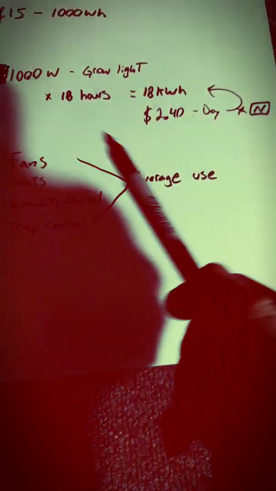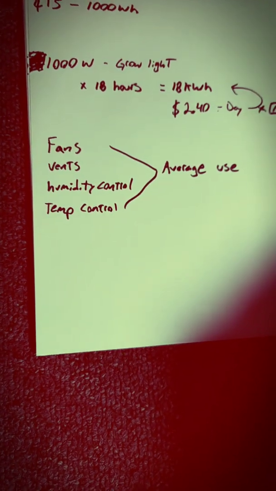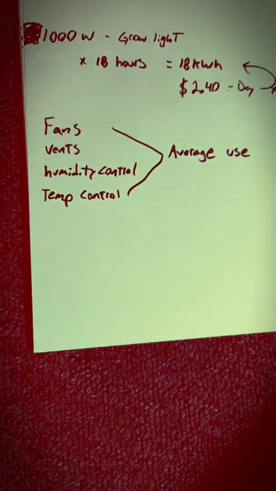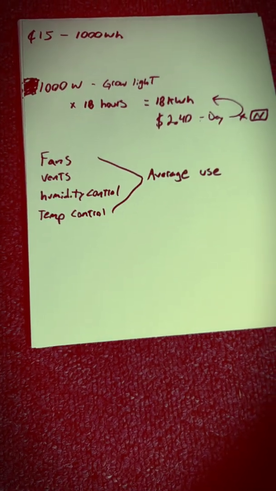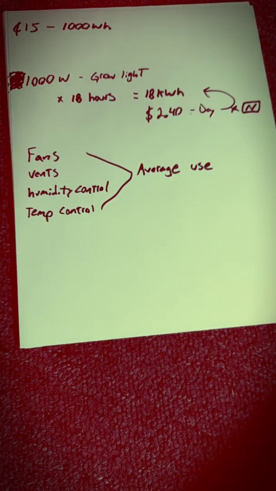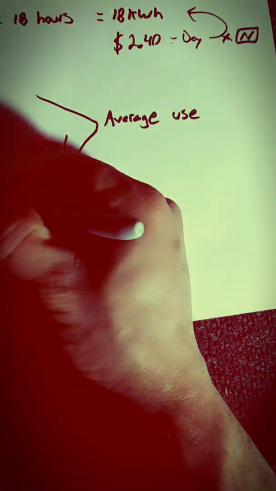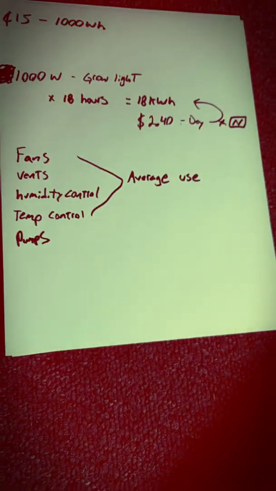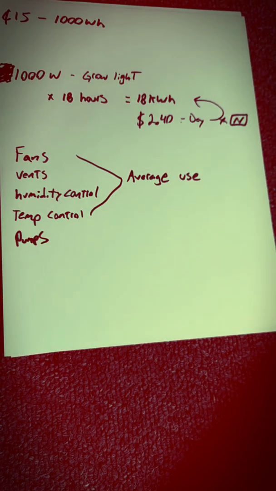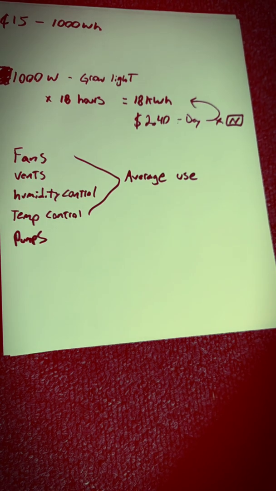Then take that number and multiply it by how many days that equipment is going to run. And that's going to give you the total rundown on what your expected electrical bill is going to be. So it includes pumps for teas and all kinds of stuff, aerators, you name it. So you guys can basically be done with this video now.